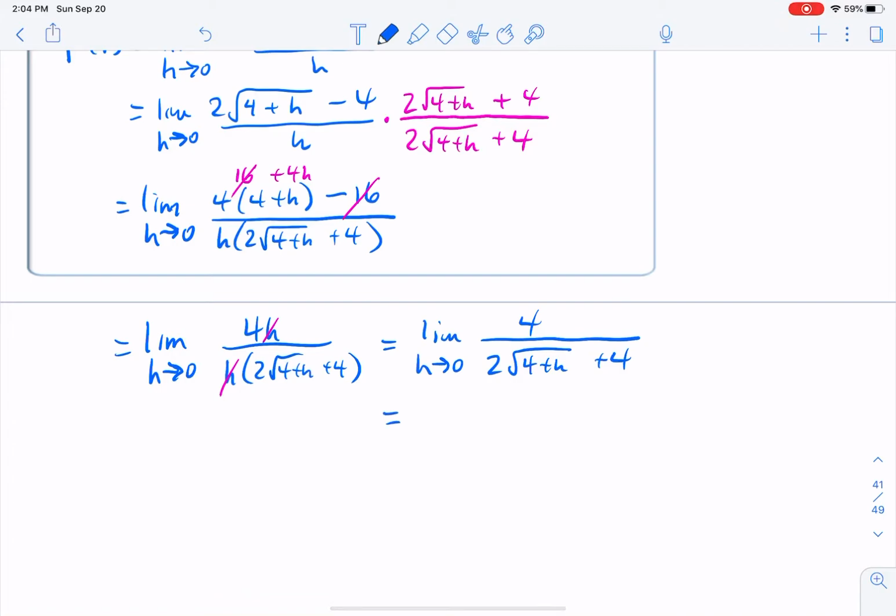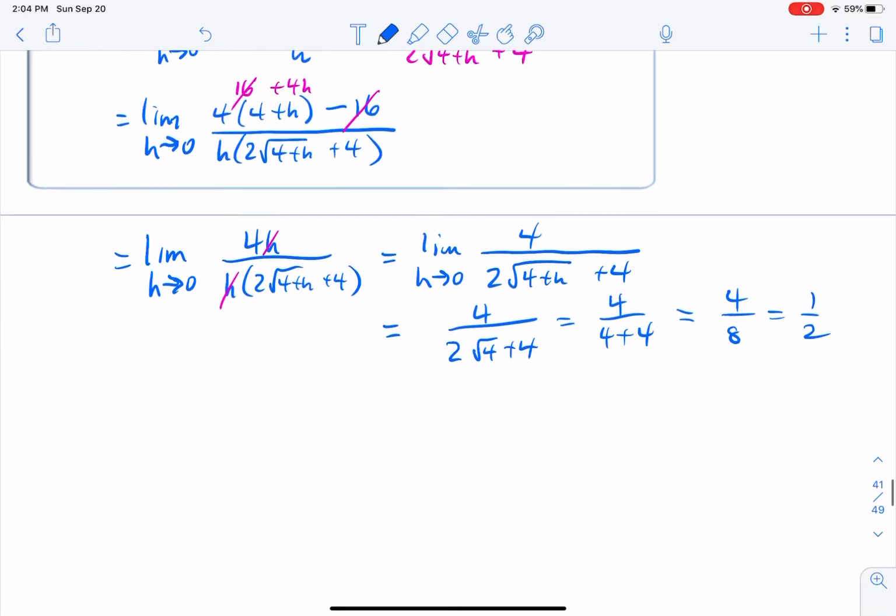Anyway, I think I can go ahead and take the limit, plug in 0 for my h. I have 4 over 2 square root of 4 plus 4. Square root of 4 is a 2. 2 times 2 is 4, so we get 4 over 4 plus 4. You might need to take out your calculator for this one and verify that it does actually reduce to just 1/2.